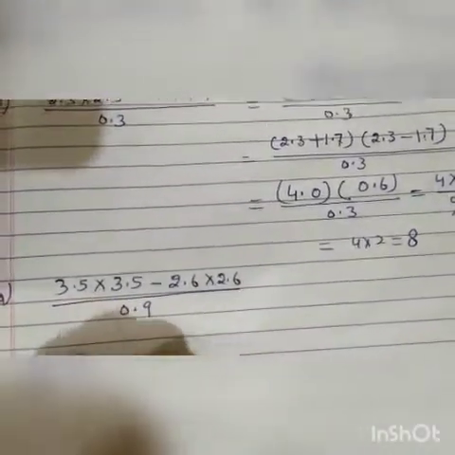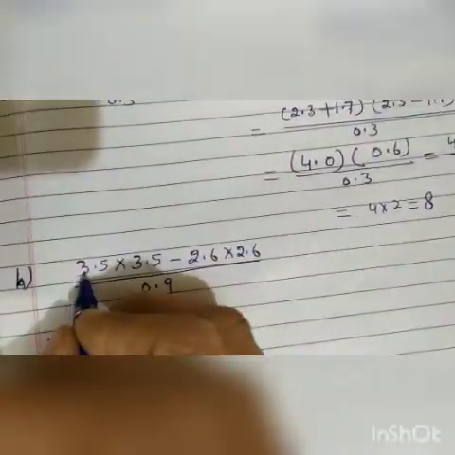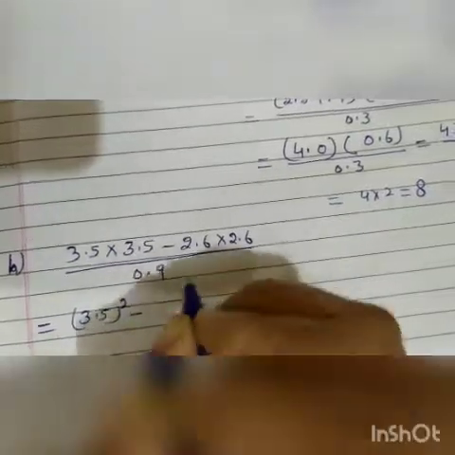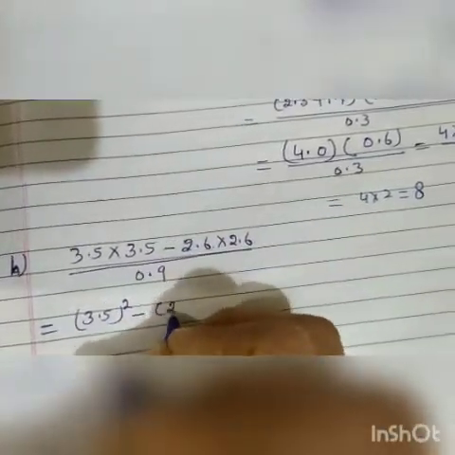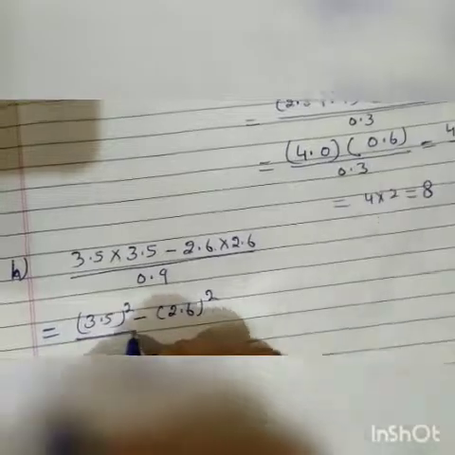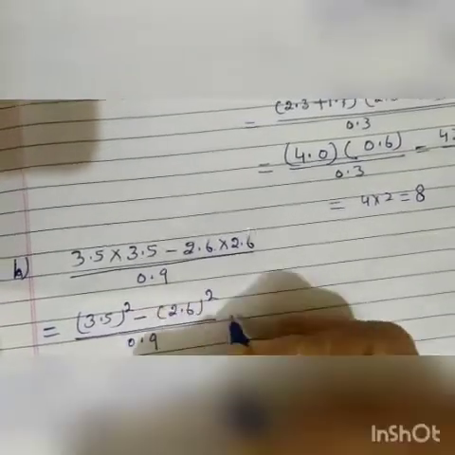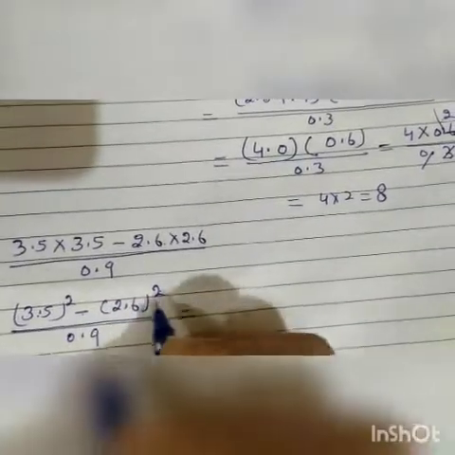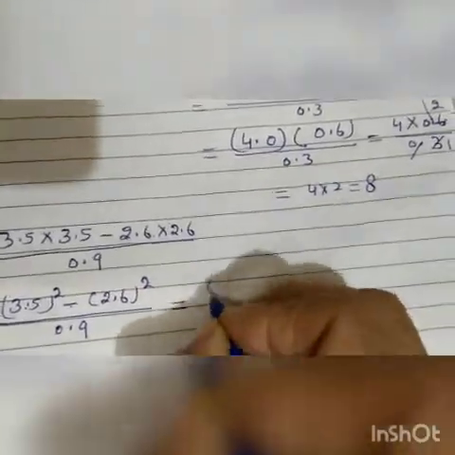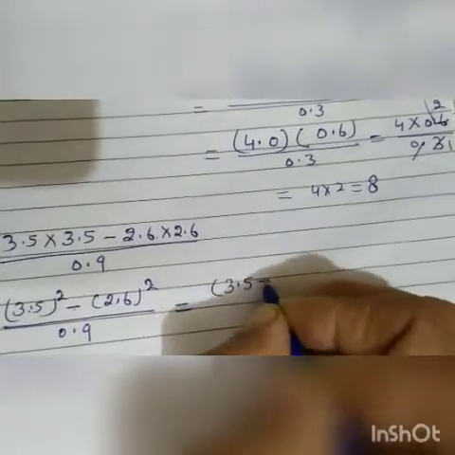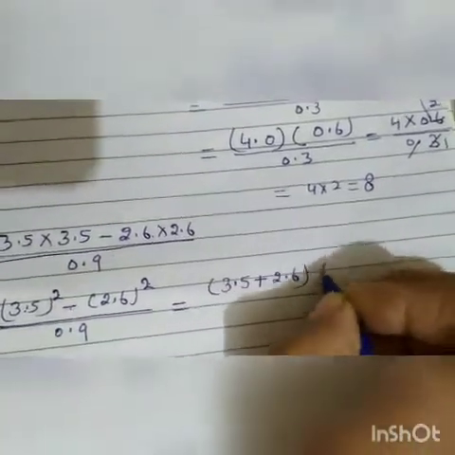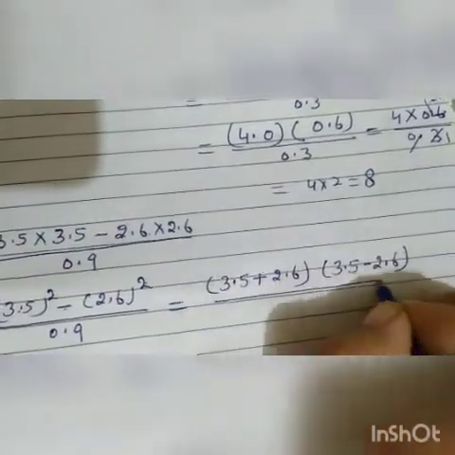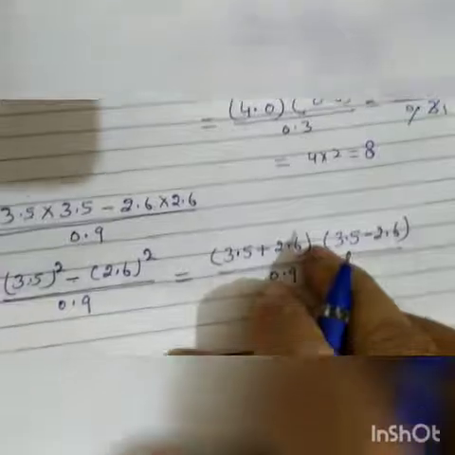In the same way, I am explaining this one also. 3.5 into 3.5 means 3.5 square, minus 2.6 into 2.6 means 2.6 square, upon 0.9. Now this is a square minus b square, means (a plus b)(a minus b). So we will write 3.5 plus 2.6 into 3.5 minus 2.6 upon 0.9.